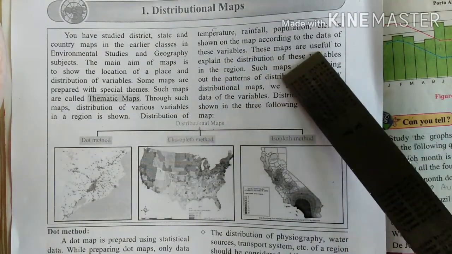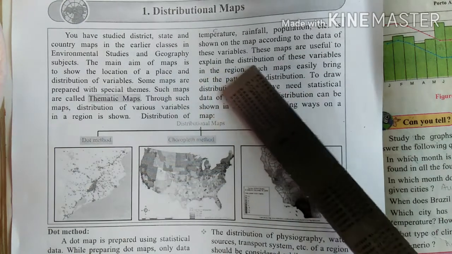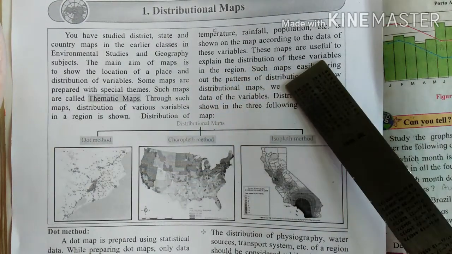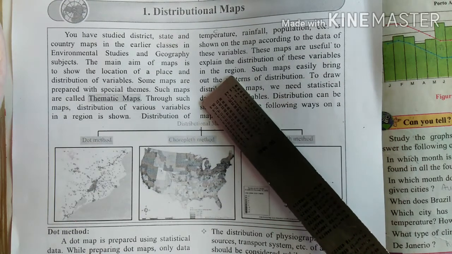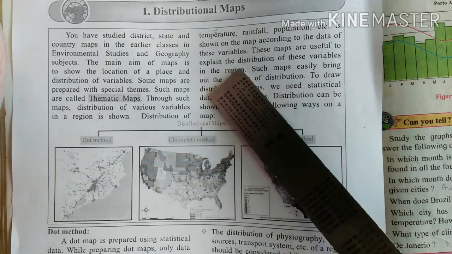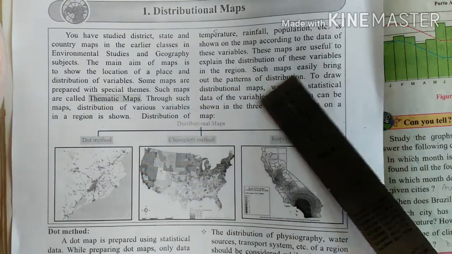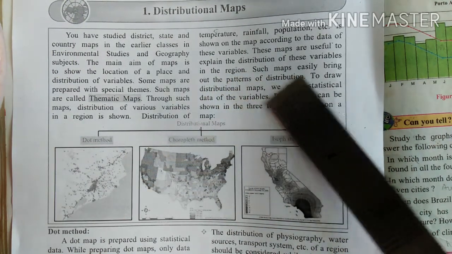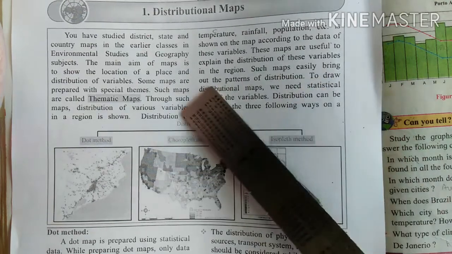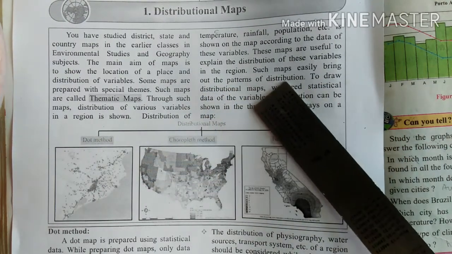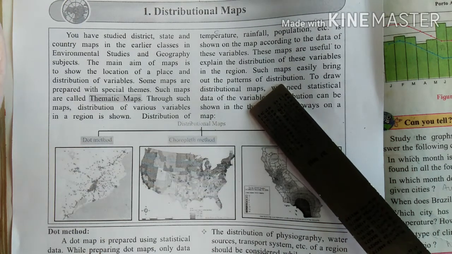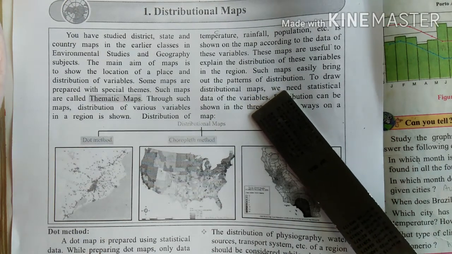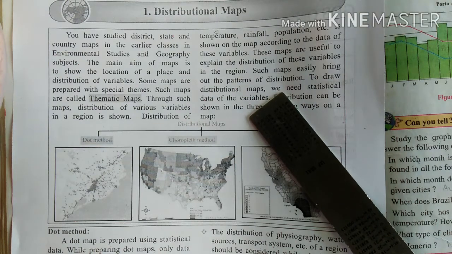These maps are useful to give the explanation of the distribution of variables in the region. Such maps easily bring out the patterns of distribution in a country, in a place.